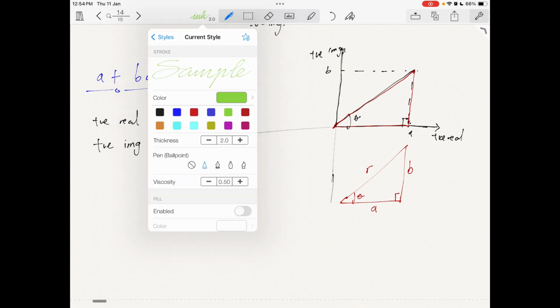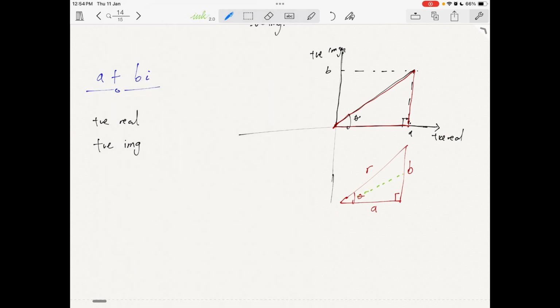In this case, angle theta is facing side b, so b is opposite to angle theta. So b is the opposite and a is the adjacent. This is the same as what we did earlier when we started.